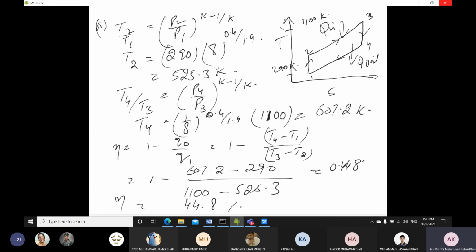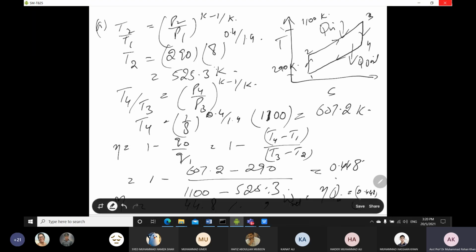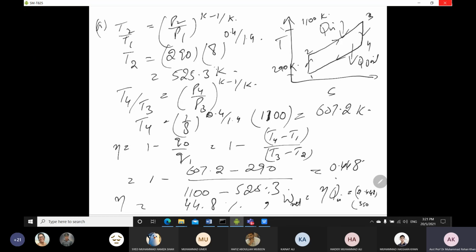For power delivered, we can say your W dot net, which is the power, is equal to efficiency times Q in. Efficiency is known to us, 0.448, and your Q in is known from the question, which is 35,000 kilojoule.